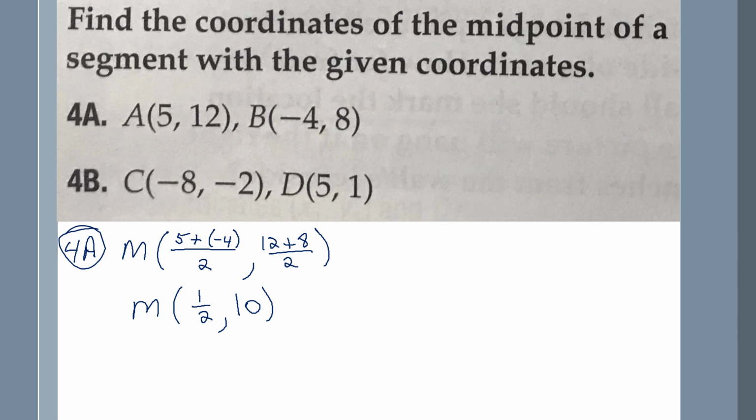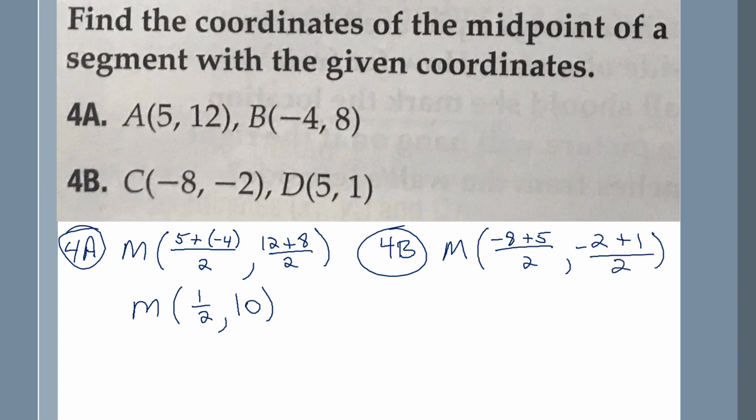Let's go ahead and do number 4b now. Again, I'll just use M again. We're going to add negative 8 plus 5 over 2, negative 2 plus 1 over 2.